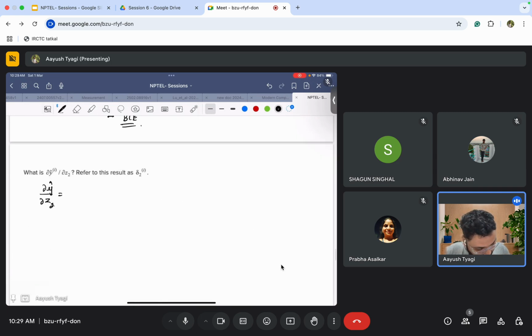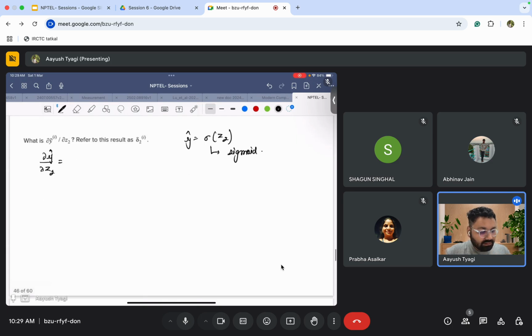Y hat is basically equal to the activation of z2, and this is sigmoid, right? In the last session we saw the derivative of sigmoid.